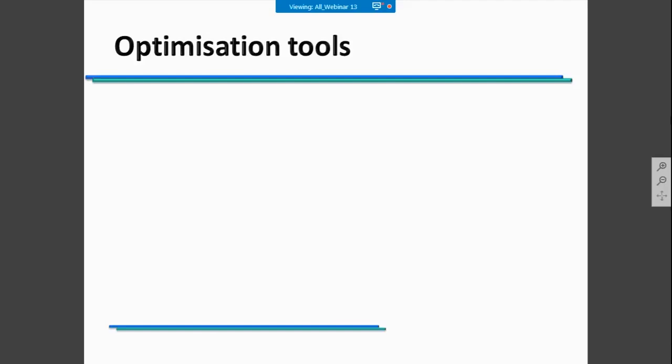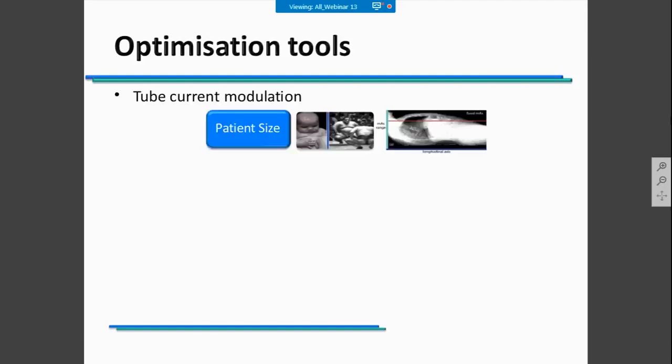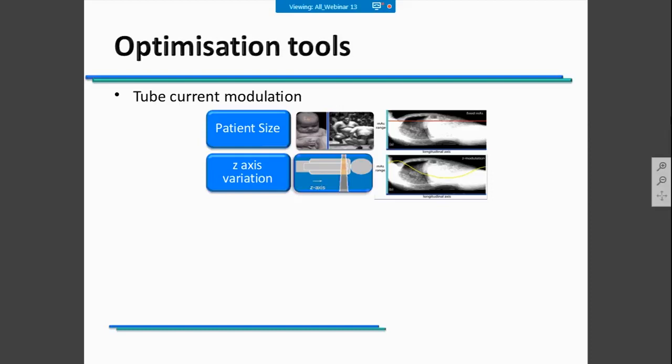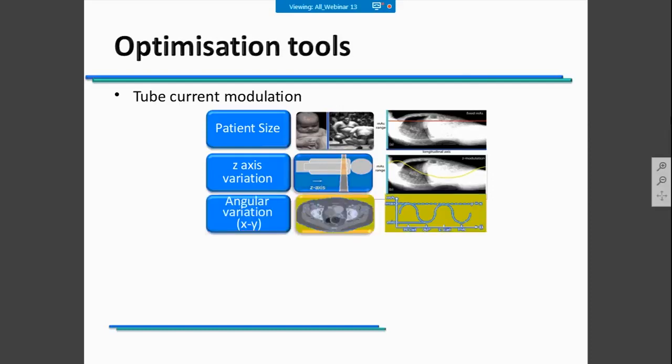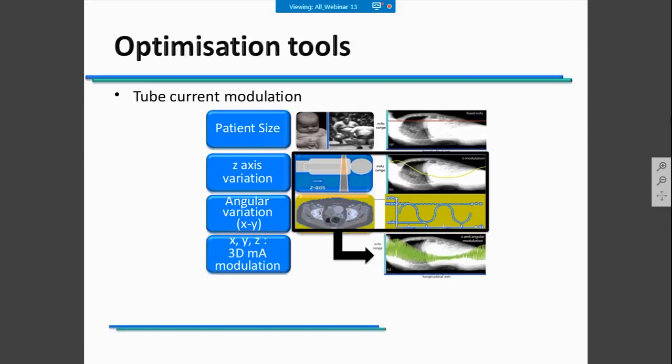The most known optimization tool is the tube current modulation. It also depends on the type of CT scanner that you have. It could be based on the patient size, on the z-axis variation, on angular variation, or it could combine the z-axis and the angular variation at the same time, and you will decrease the dose in your examination.